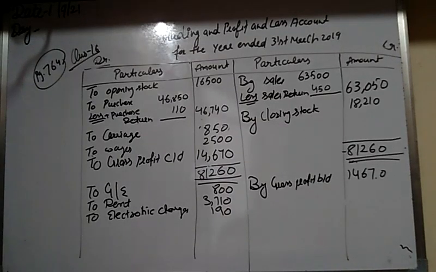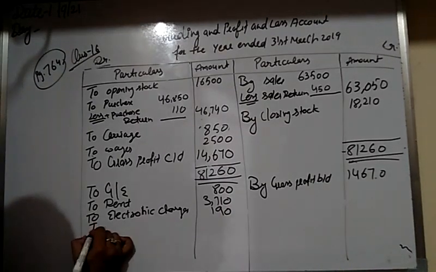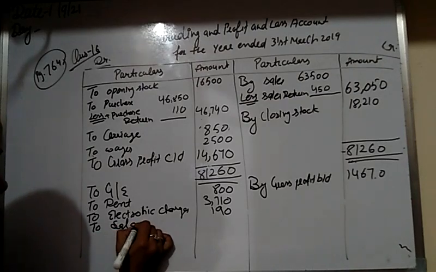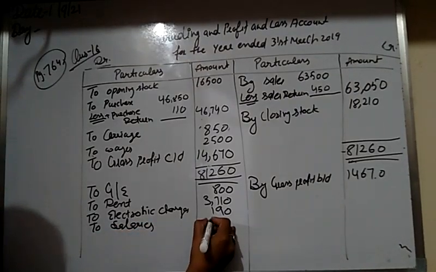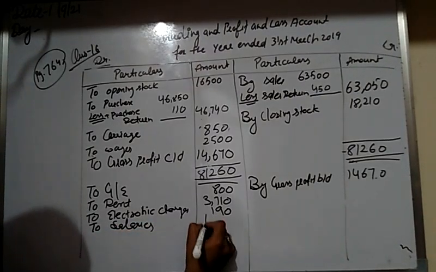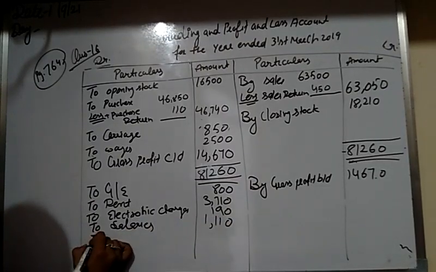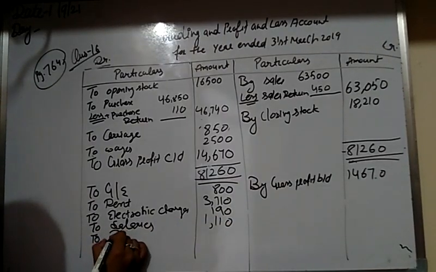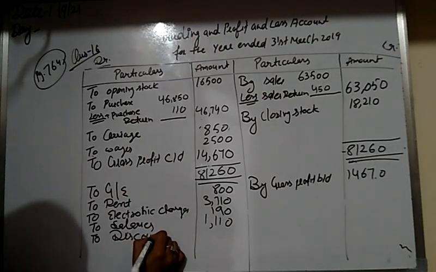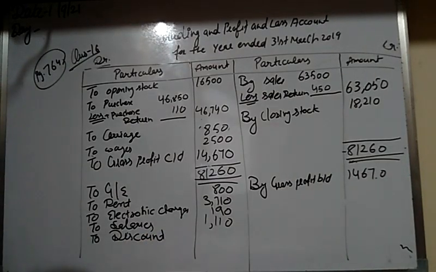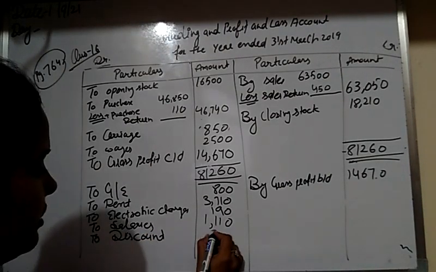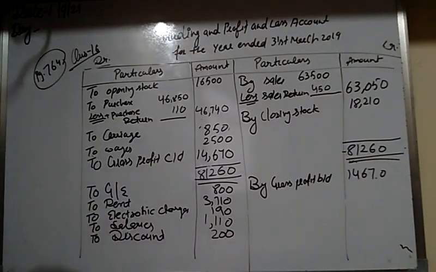Next is salaries. The salaries value is 1,110. Next is discount. Discount is allowed, so that's why we record it on the debit side. The amount is 200.